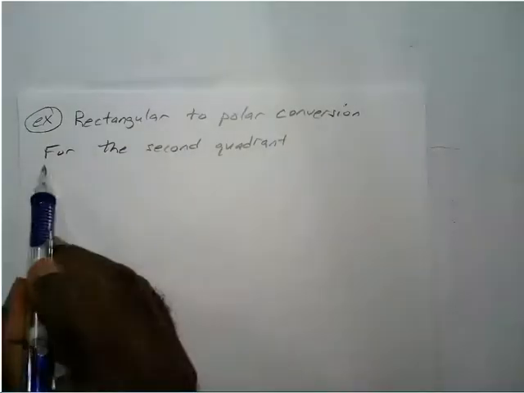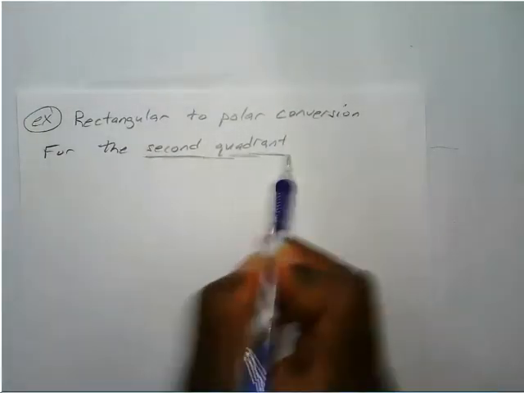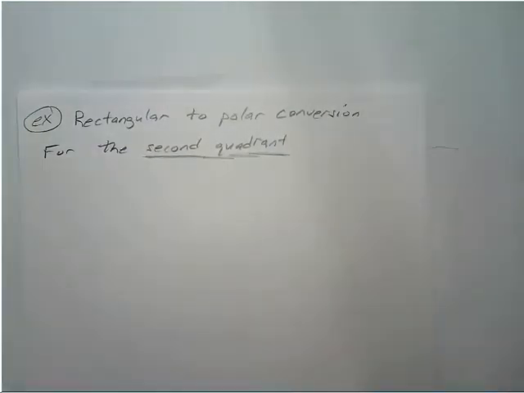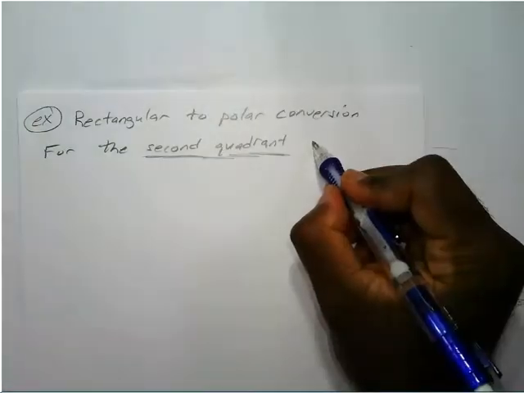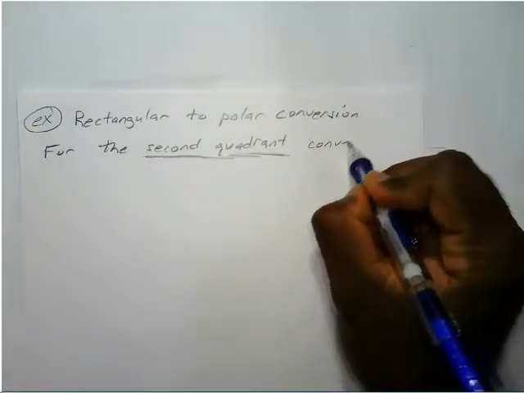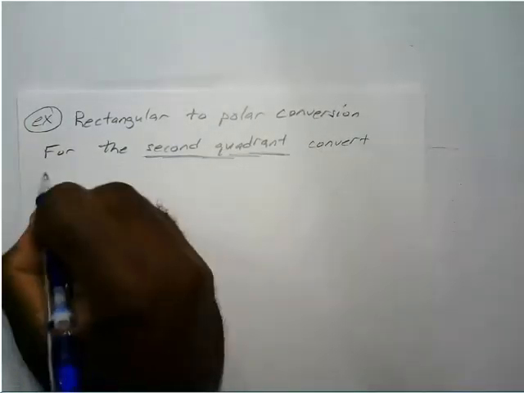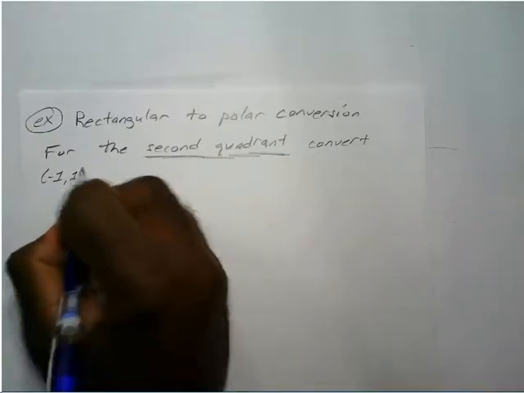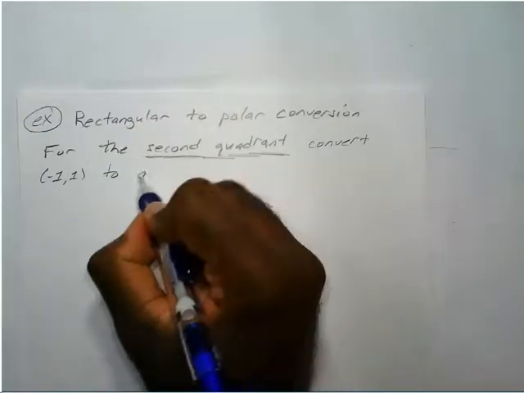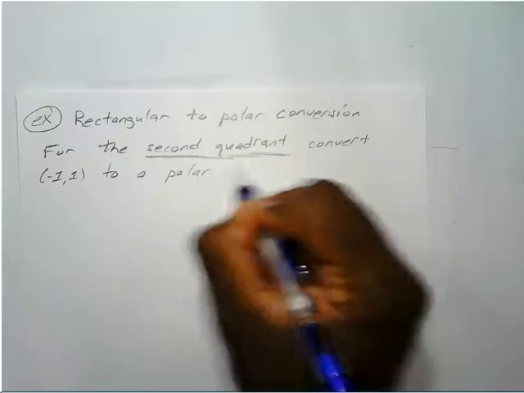A lot of times it is very important to know which quadrant you're in, and I'll show you why in a minute. So we want to convert (-1, 1) to a polar coordinate.